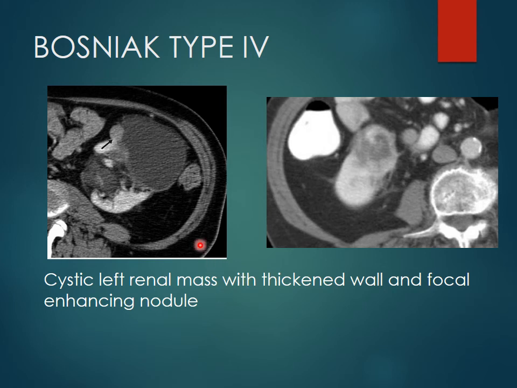Bosniak type 4, for this patient, the image on the left side, the left kidney would show a renal mass with a thickened wall, and there's also a focal enhancing nodule noted at its medial aspect. We can classify this as Bosniak type 4 due to the presence of these imaging features.